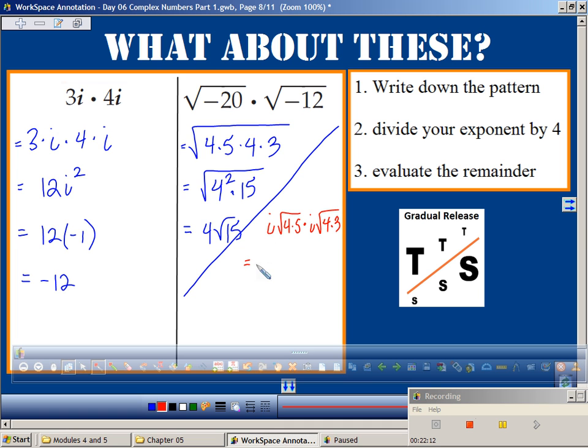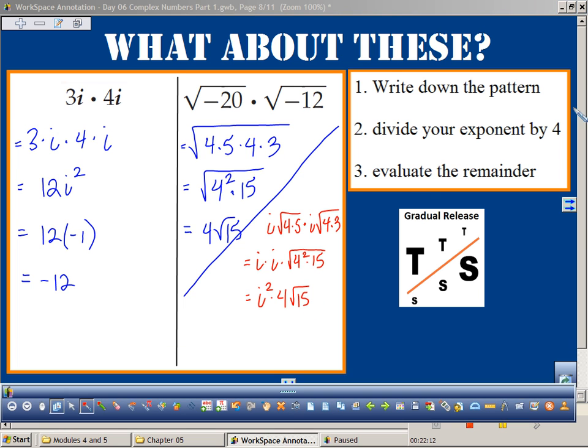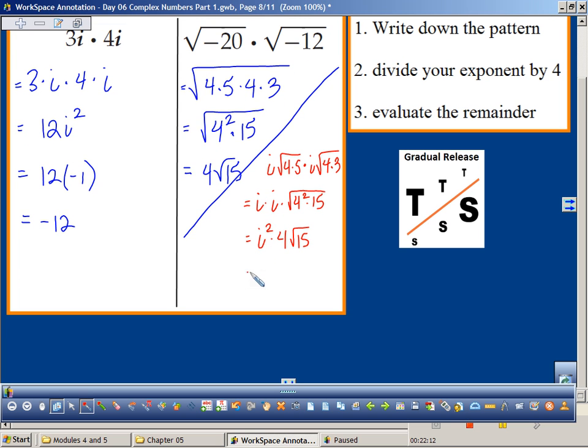So this is really i squared times 4 root 15. Everybody agree? Isn't i squared negative 1? Do you get the same answer?